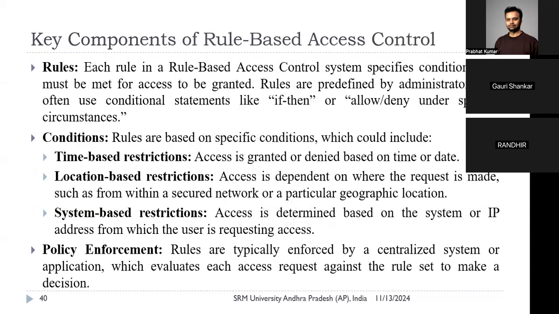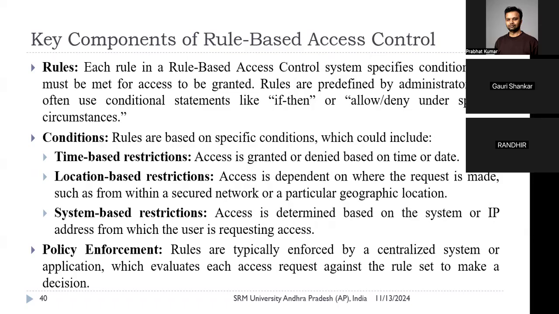I mean, one example we can think of: suppose an IoT device is getting data from the environment, and you are checking that if the temperature is less than this, then data should be given to the model, otherwise it should not be given to the model. All this kind of scenario you can think of in terms of rule-based access control, which is an extension of attribute-based access control.